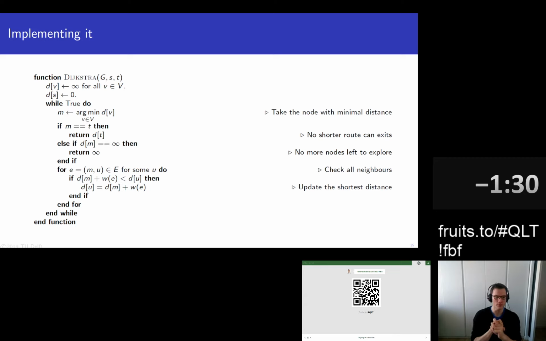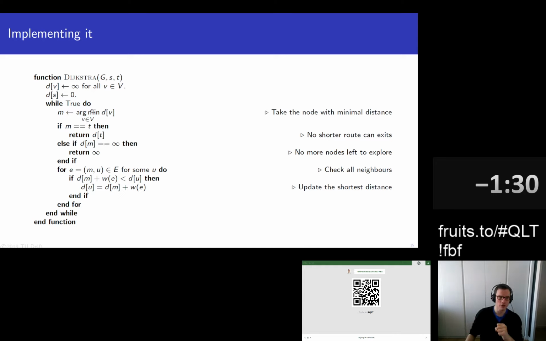So for example, if this is my start vertex and this is a vertex F, which currently has distance infinity because I've only just started, and there's an edge between them of weight 4, then I'm going to check, okay, 0 plus 4, right? Start vertex is at distance 0, the weight of the edge is 4. 4 is smaller than infinity, so I should update this distance to be 4. And so I update the distance of all my neighbors.